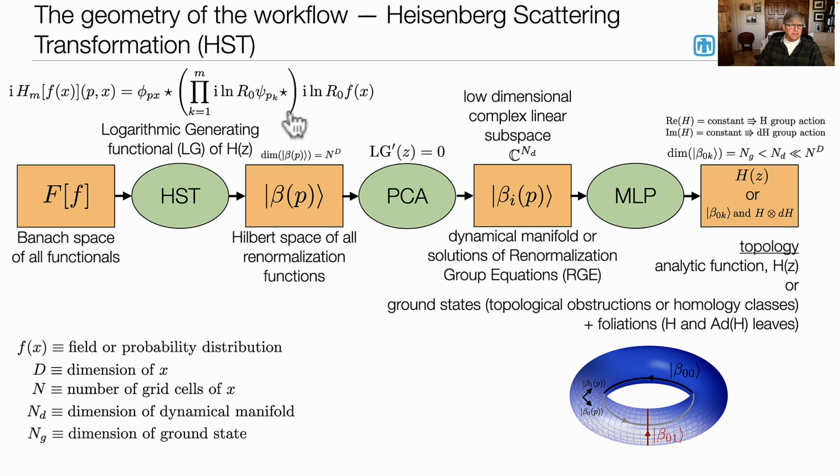Formally, mathematically, this is a logarithmic generating functional of the complex Hamiltonian. But again, this can just be viewed as a specific form of a convolutional network, okay?